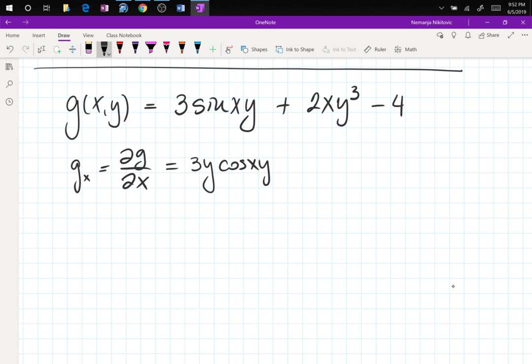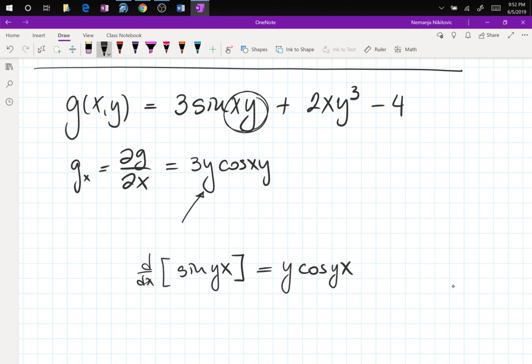Just as a side note, what is the derivative of, let's say, sine 3x? The derivative is 3 cosine 3x, right? So now if this 3 is replaced with y, then these 3's have to be replaced by y. So that's the reason why this y jumps out. Also, xy is the argument of sine, xy remains the argument of the sine.